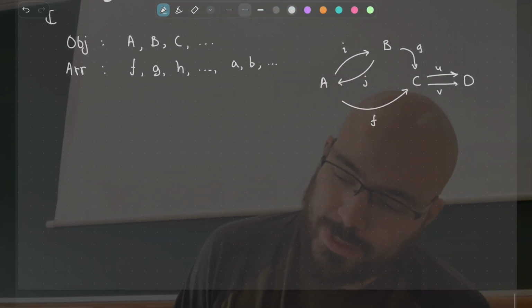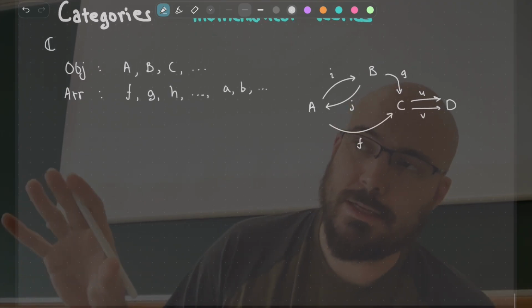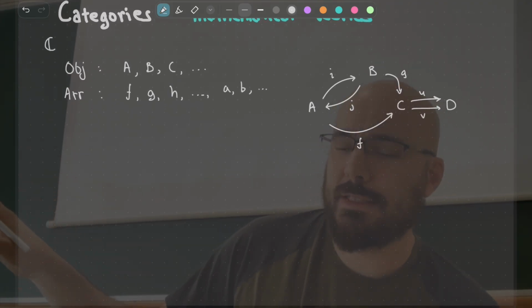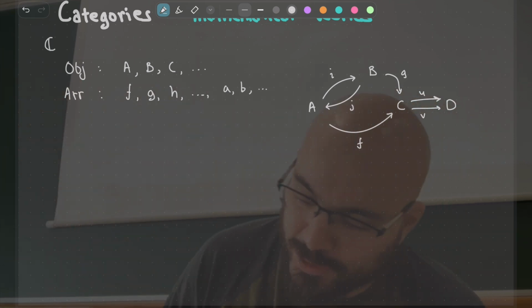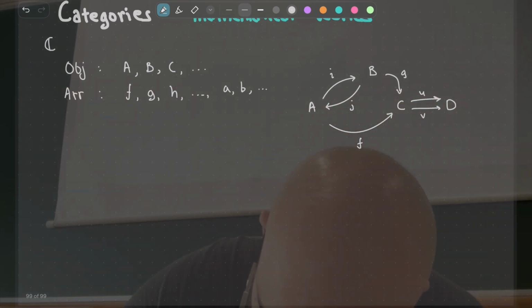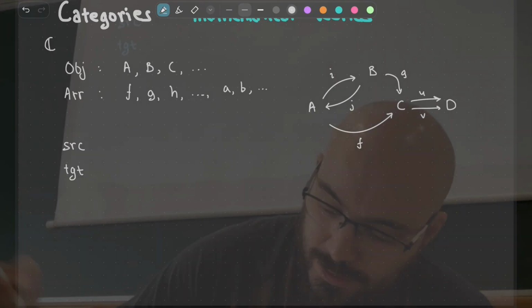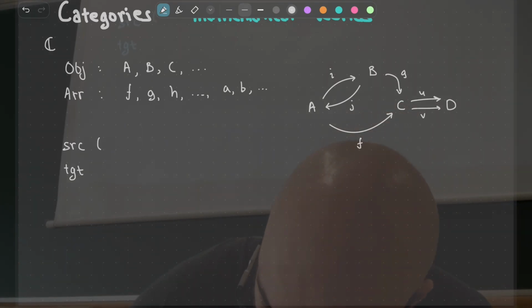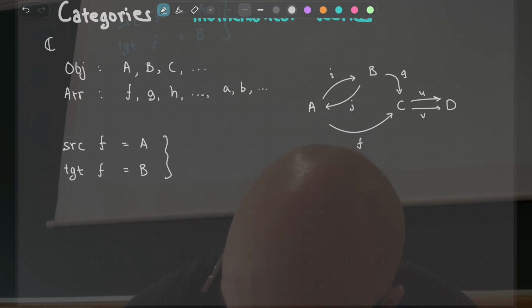I will start writing in a way that is maybe not very type theoretic, and it will gradually become more and more type theoretic. So consider that I have these two questions that I can ask on any arrow. If the source of f is A, and if the target of f is B, I can summarize this and write either this or this.